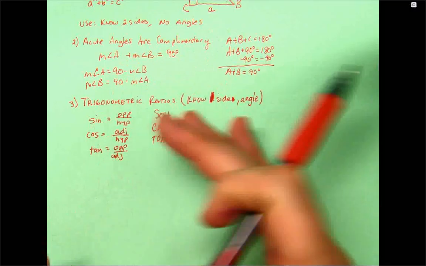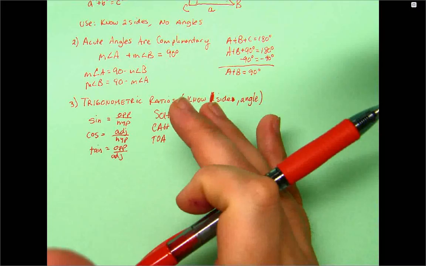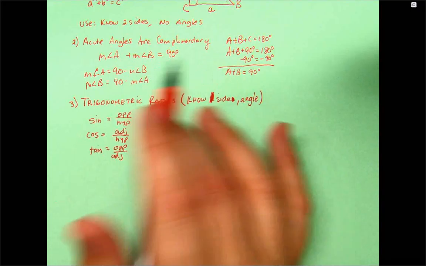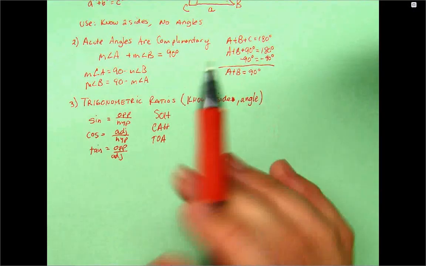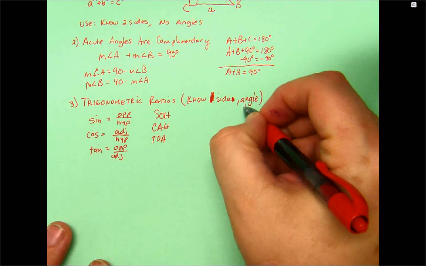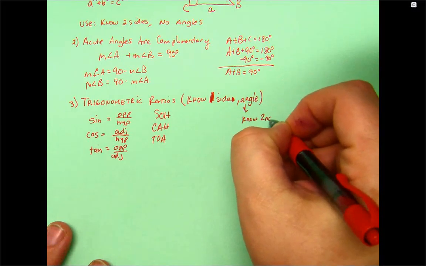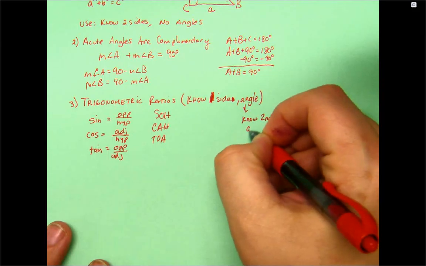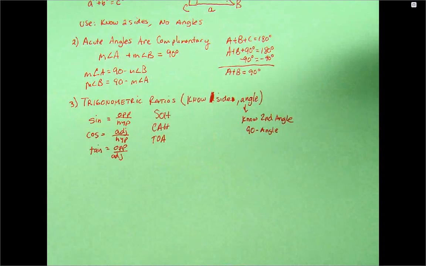You can do it all using trig functions too. As soon as you figure out one angle, or you have the other angle, then you can figure out everything. And the nice thing is, if you know one side and one angle, you'll know the second angle. It's just 90 minus the angle. And you can use trig for everything. You actually don't even need to use the Pythagorean theorem.